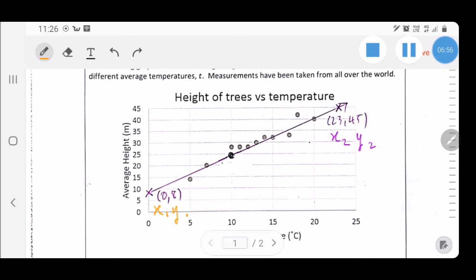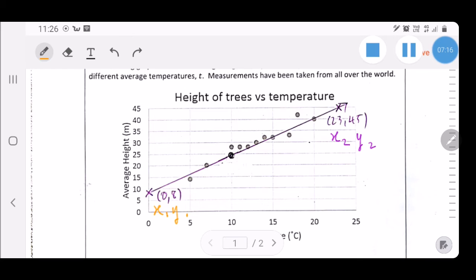So I've just chosen this point here, just because it looks like it has roughly whole numbers as its coordinates, which is 23, 45, but I could have just as easily chosen any other point here, here, anything, okay? You'll still get the same answer no matter what 2 points you choose.